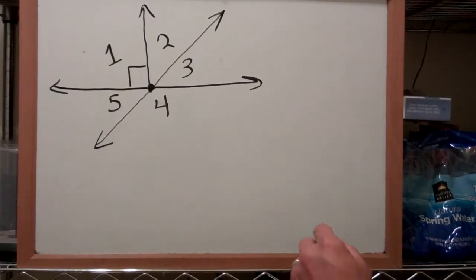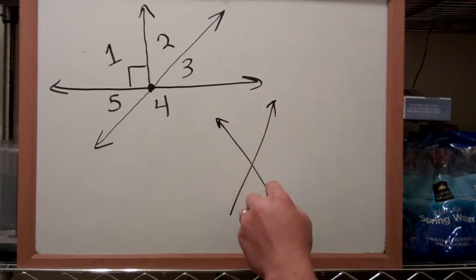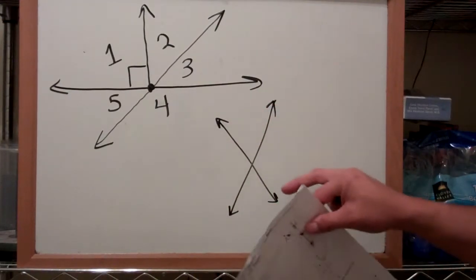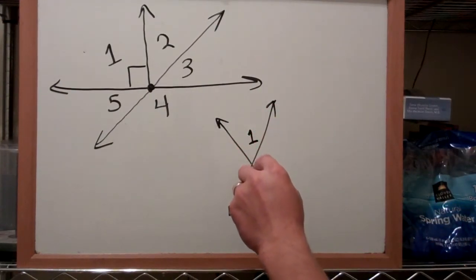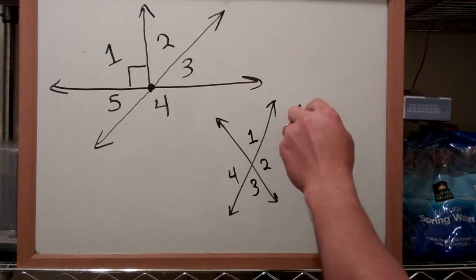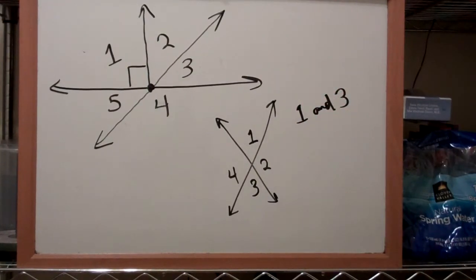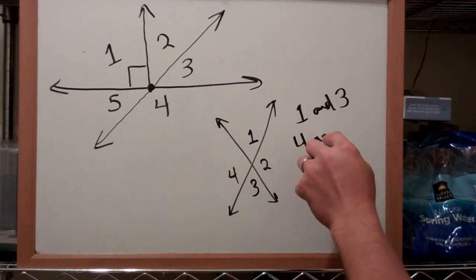Vertical angles are usually formed by two lines that make up an X like this. Within this diagram we have angles 1, 2, 3, and 4. The pairs of vertical angles are 1 and 3, and 4 and 2.